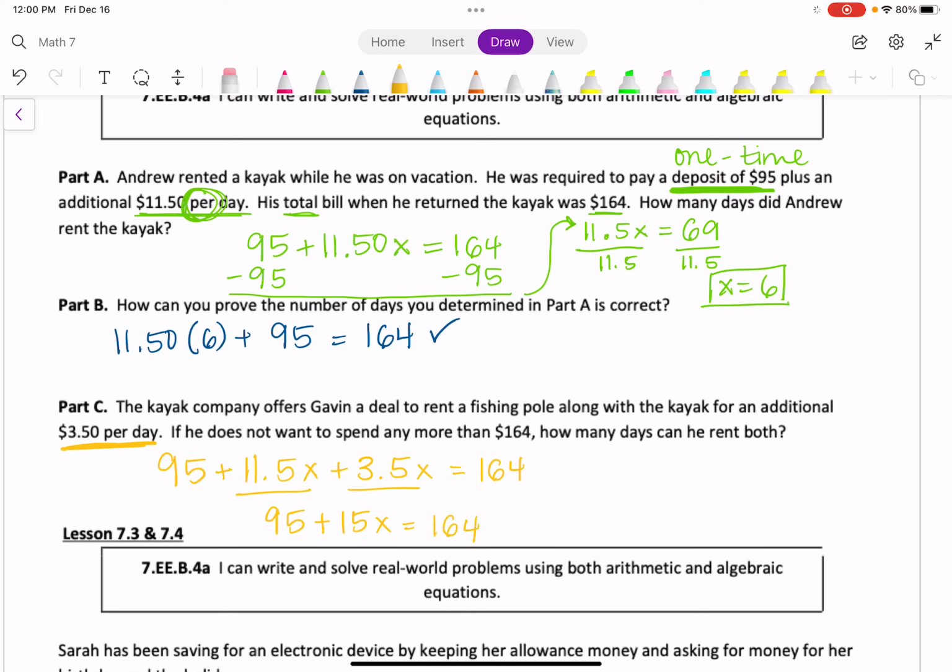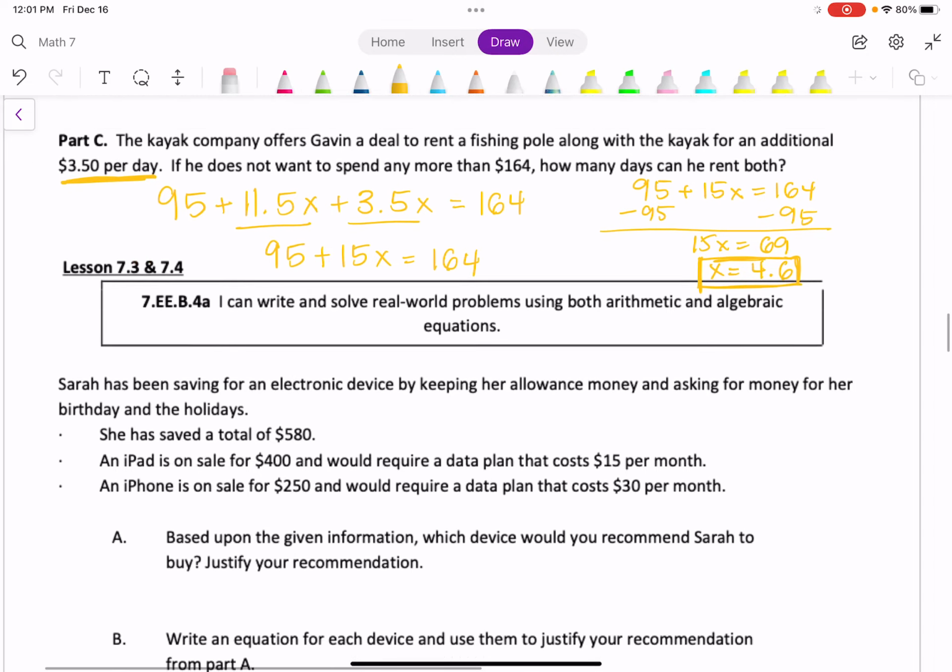And now I'm just solving. So I got 4.6 days, which is odd, but it just means he can't stay 5 days. He can only afford to stay 4 days, and he'll have a little bit of money left over.